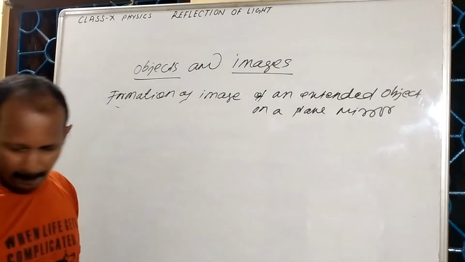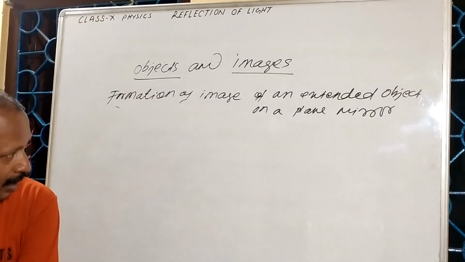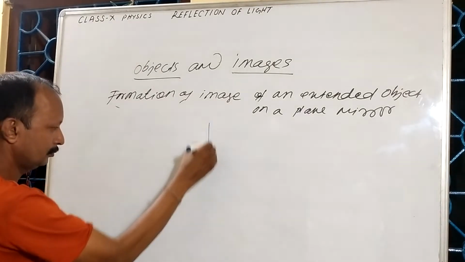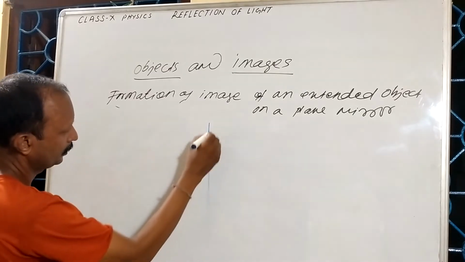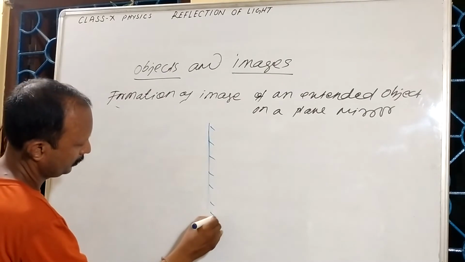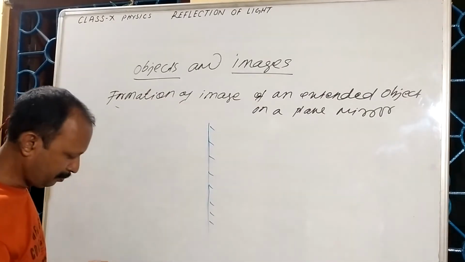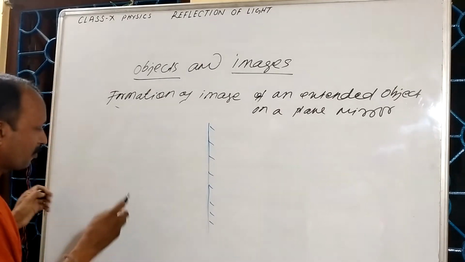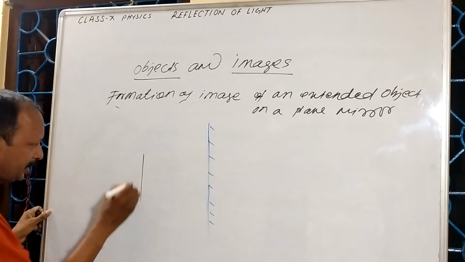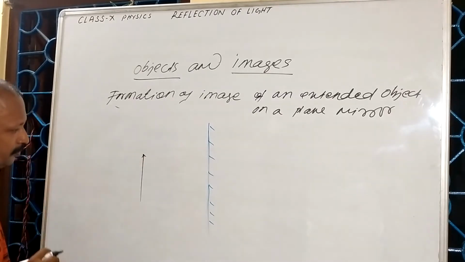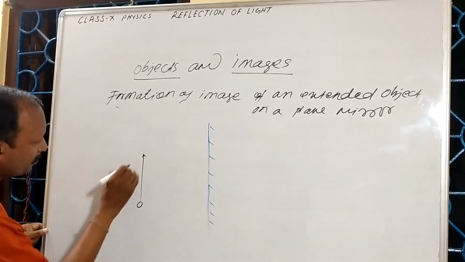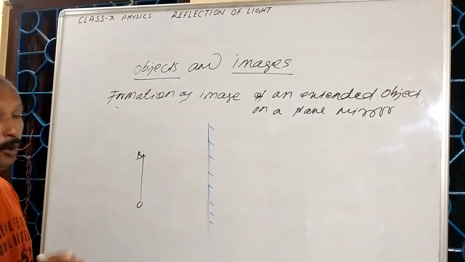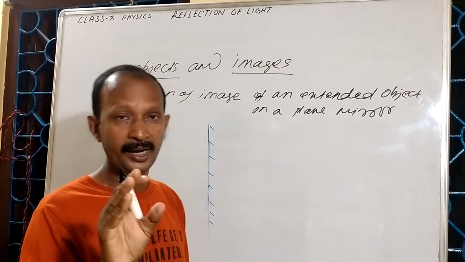Suppose this is the plane mirror. In front of it, I have taken one extended object. Suppose OB is the object. Now, how is its image formed on the plane mirror?